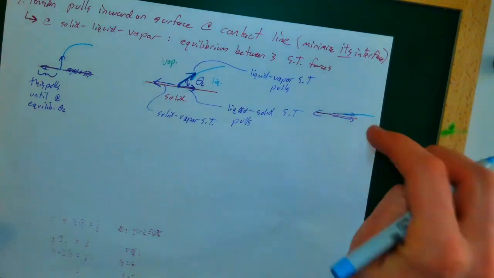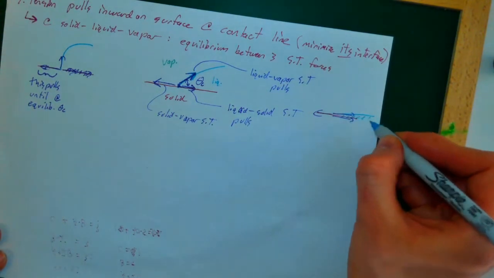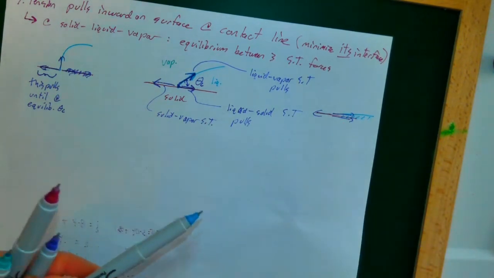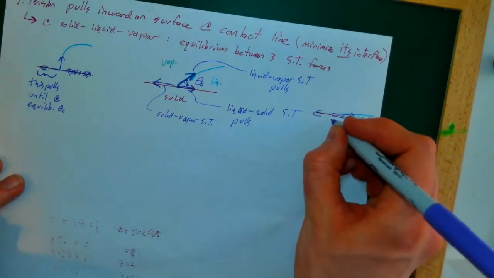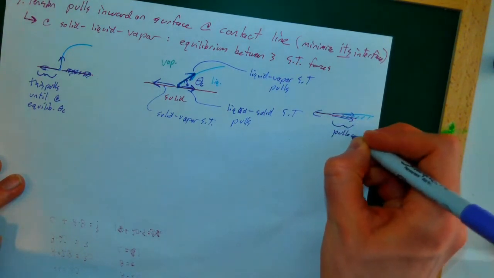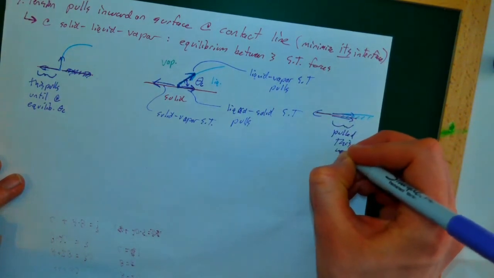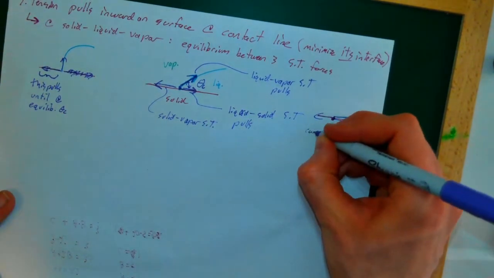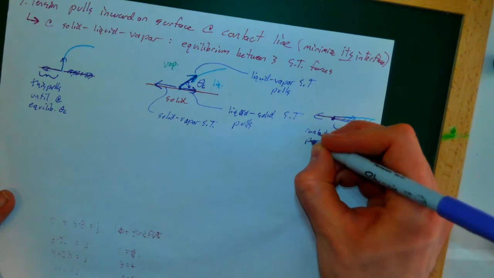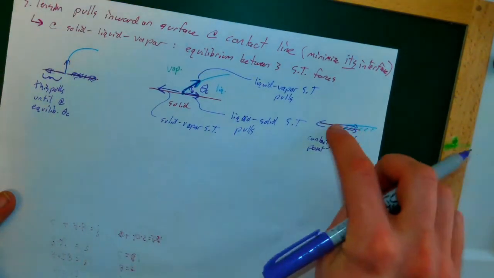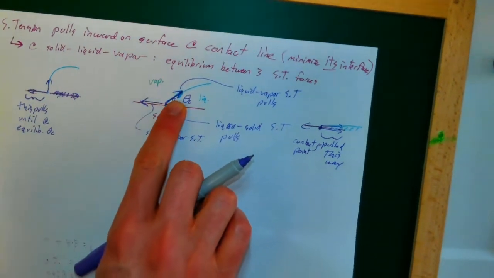If I temporarily made the liquid's contact angle too small, then the contact point gets pulled this way, until it is back at its equilibrium here.